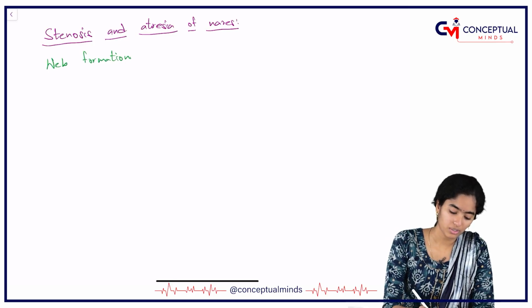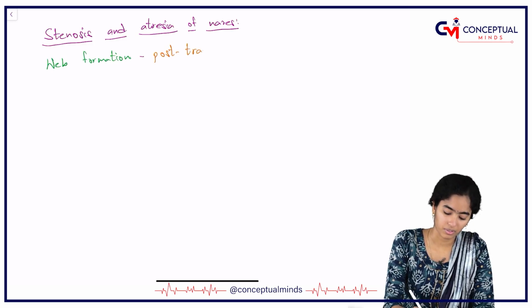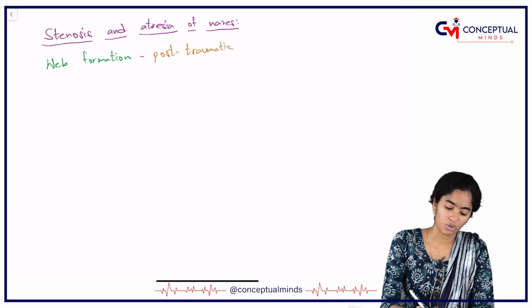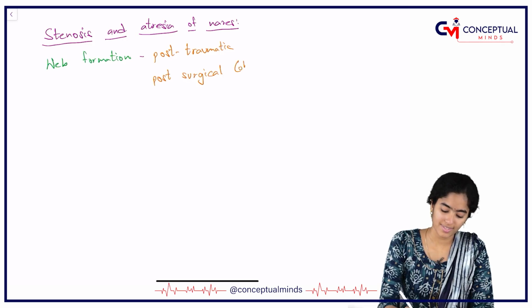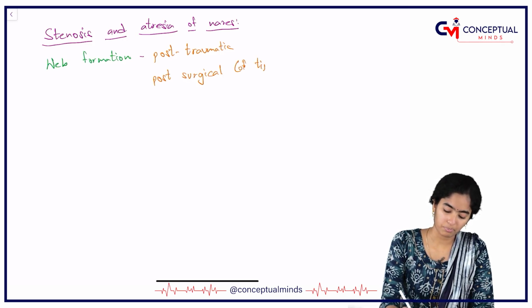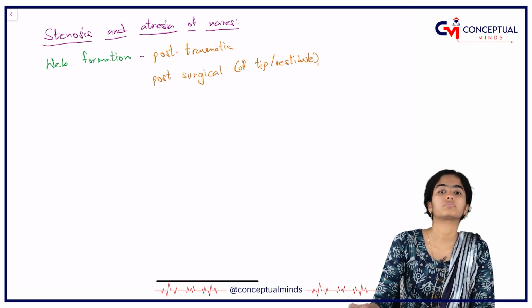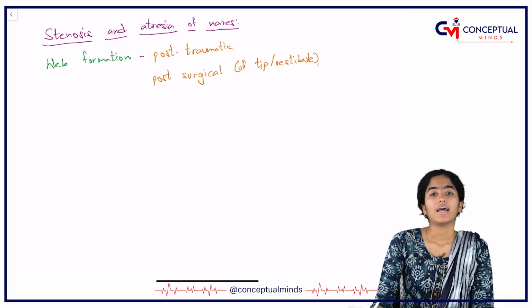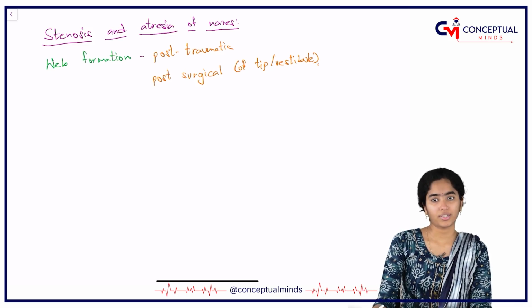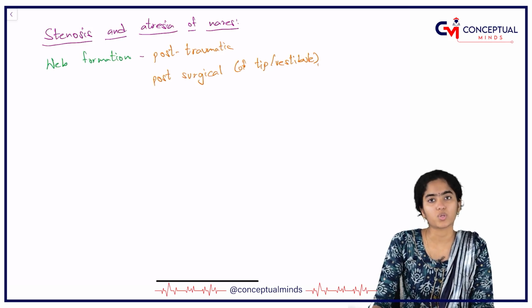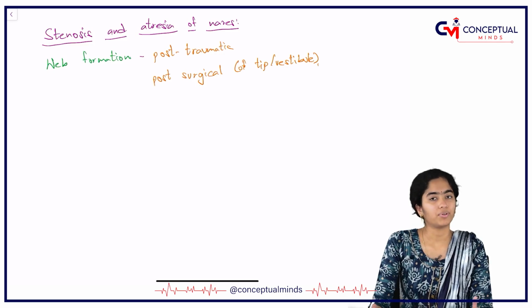Web formation is either post-traumatic or post-surgical. Which surgery? Surgery of the tip or vestibule. Sometimes even destructive inflammatory lesions of the nose will give rise to web formation, or they can cause closure.